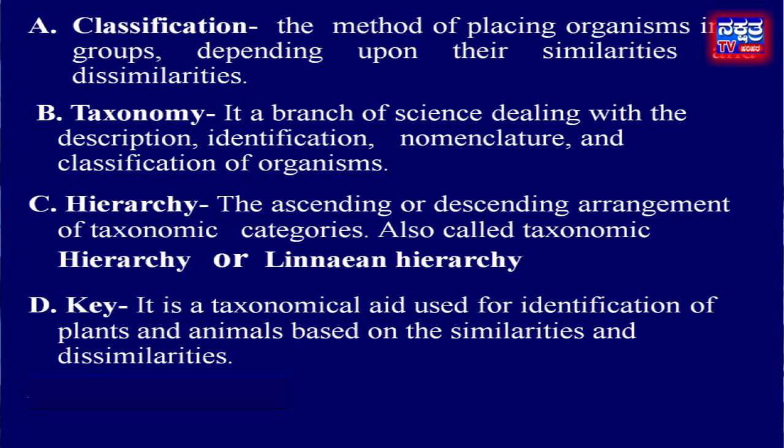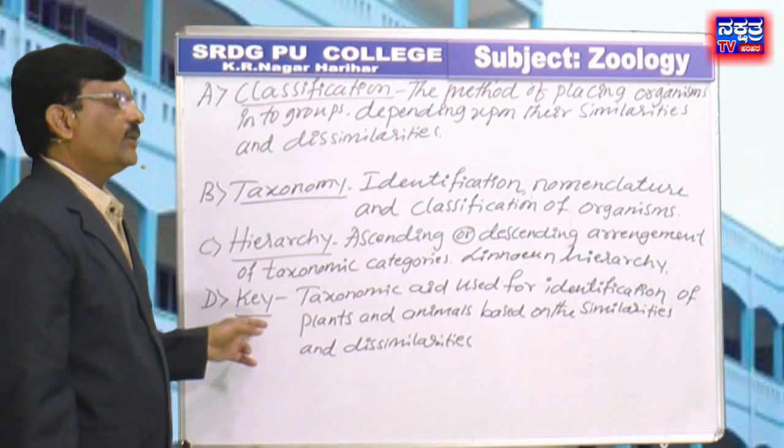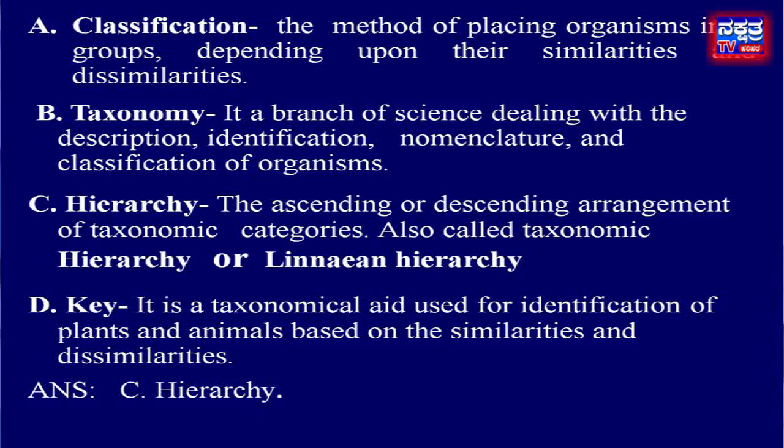Then the fourth option is key. Key is a term used for the taxonomic aid for the identification of plants and animals based on similarities and dissimilarities. Therefore, in the given options, the right answer is C, that is hierarchy.